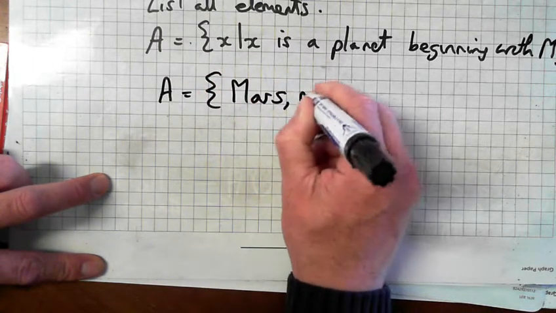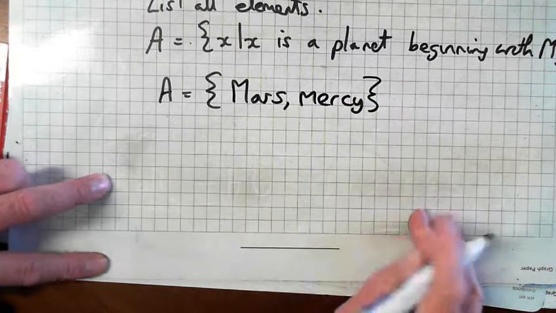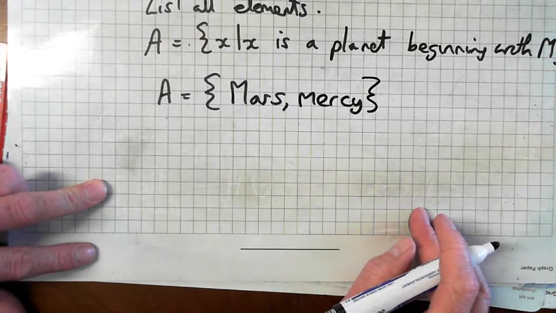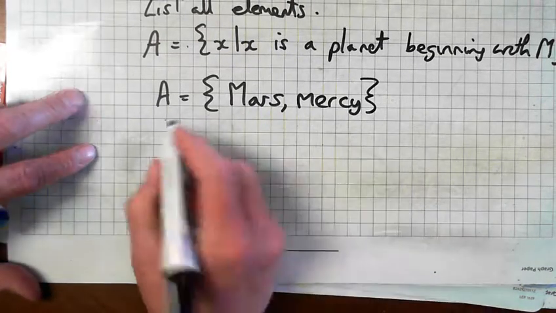Mars. Mercury. Moon. Too small to be called a planet. Alright, Mars and Mercury.